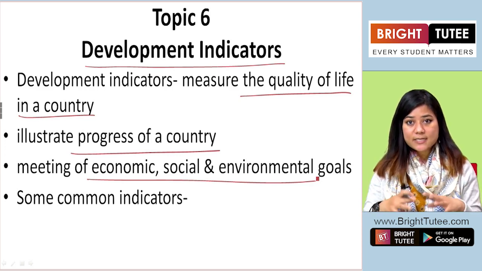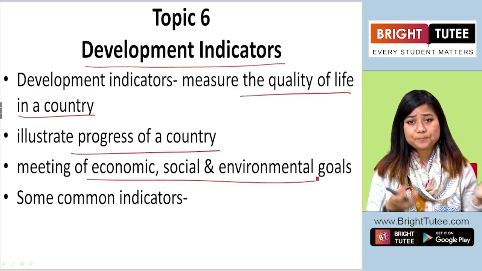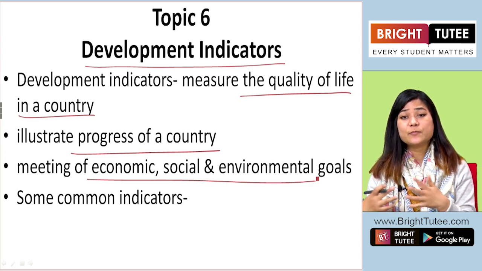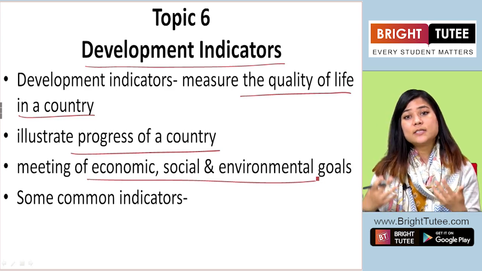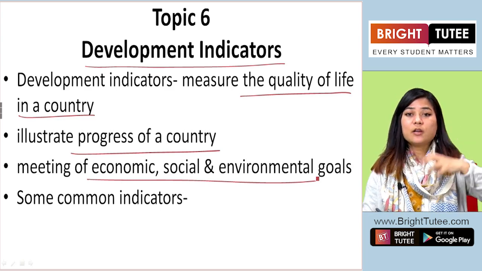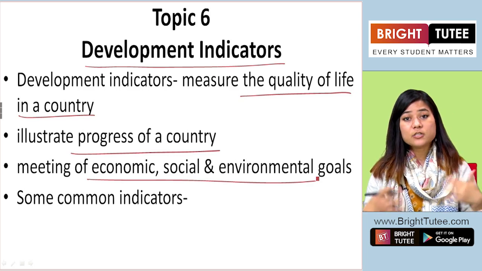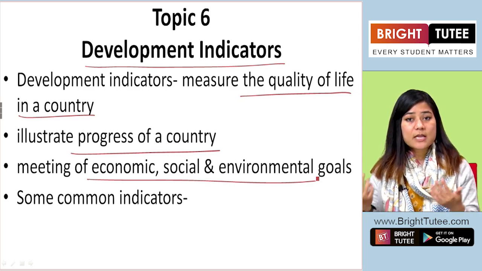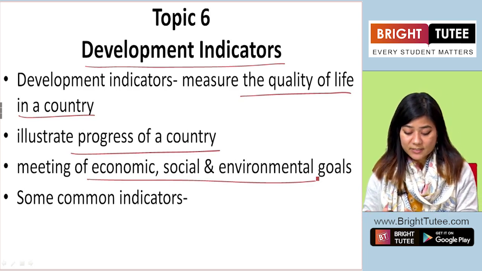The indicators that we studied in the earlier topics and the indicators that we are going to see in this topic will help us understand how the countries try to reach and achieve the goal, in order for progress to happen in their respective countries.